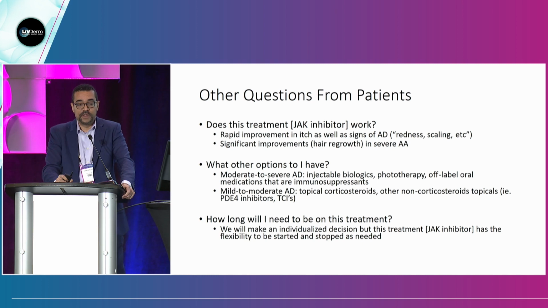Maybe they'll notice a major difference within days, and close following that, they'll see improvements in the visible signs of atopic dermatitis in the weeks that follow. So we can be pretty optimistic about the effectiveness and the speed of response.